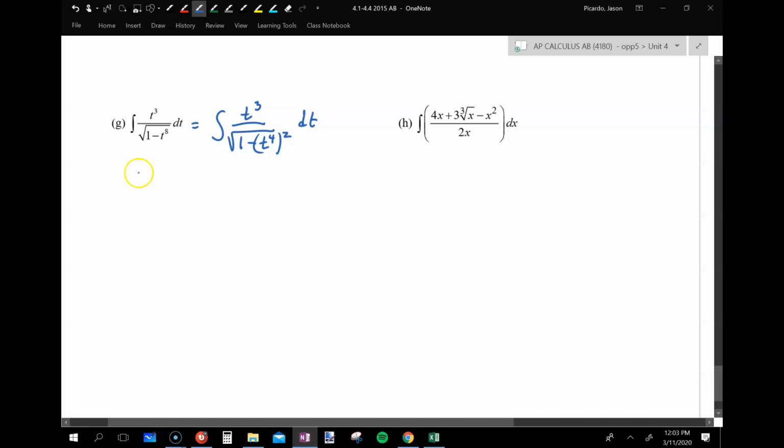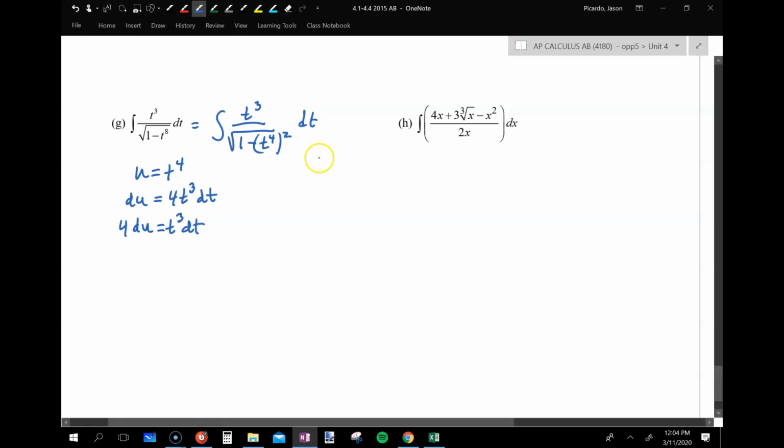So now what's my value of u? It's t to the 4. So du is 4t cubed dt. Giving us that. Pretty simple substitution now, right?